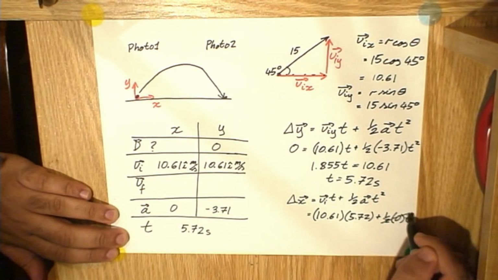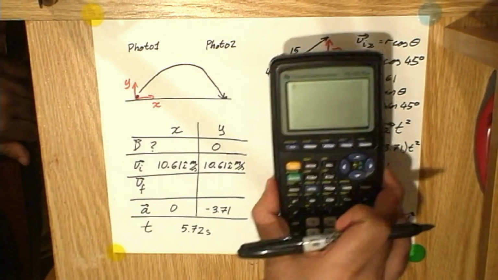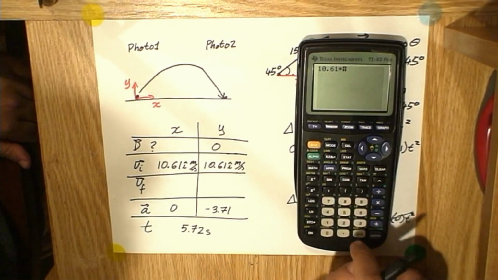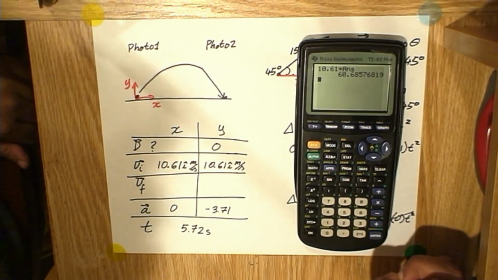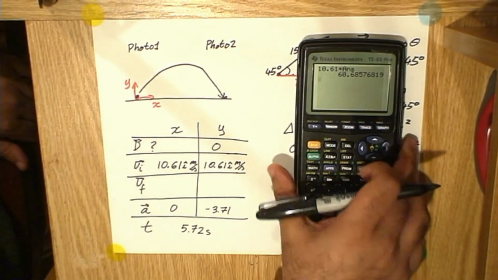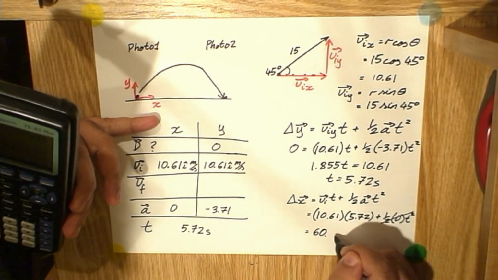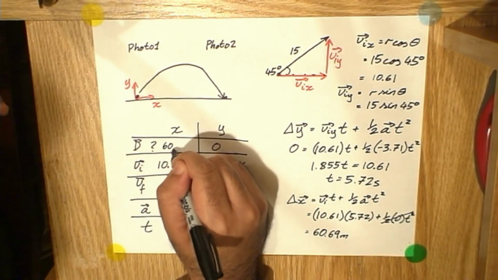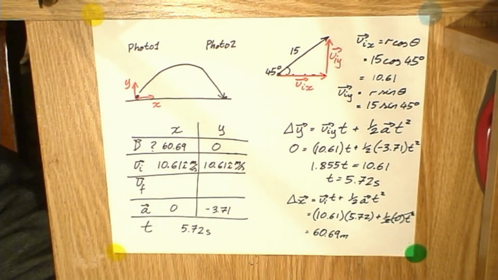I'm not even going to bother with this because the acceleration is 0. The whole term will cancel out. So that will give us 10.61 multiplied by 5.72, which is 60.69 meters. So that would be the range on Mars.